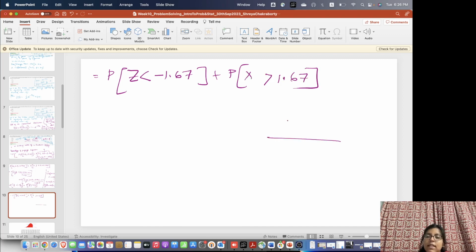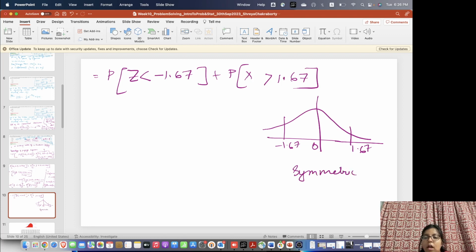Let's say this is a standard normal variable. This is Z = 0, this is 1.67 and this is minus 1.67. A standard normal variable is symmetric about 0.